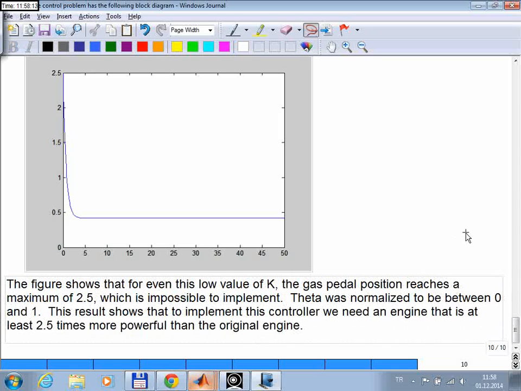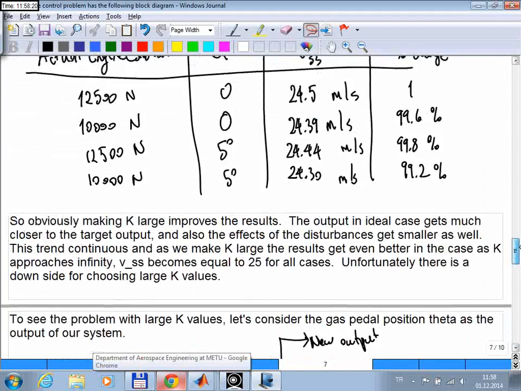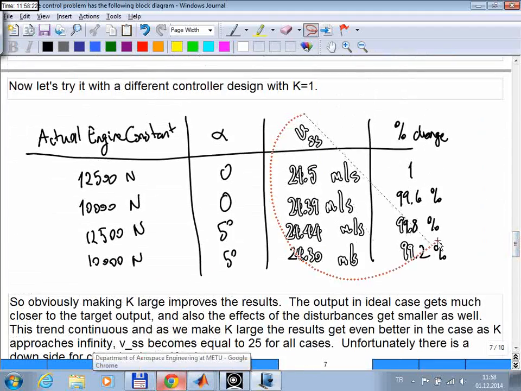Okay, now let's see what happens if we use k equal to 1. According to this table, k equal to 1 is a very nice thing because it makes the performance very nice.